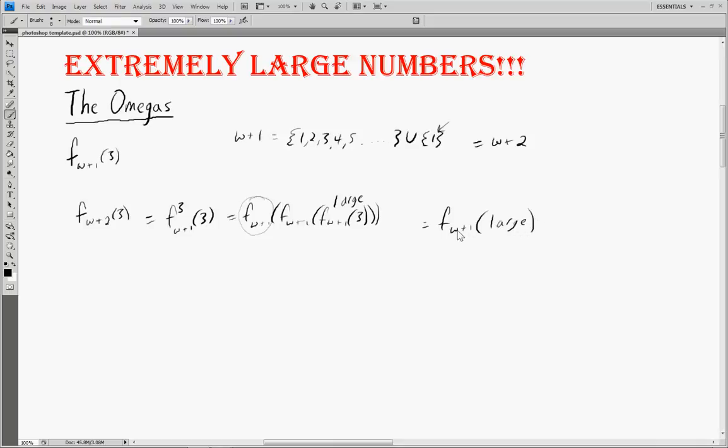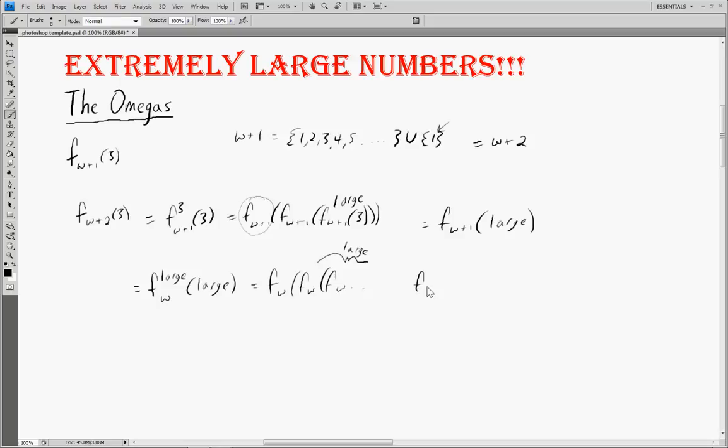We have a successor here, so what we do is we recurse this function, and this is going to be equivalent to this many copies of the f omega function, where the number is whatever this large number is. If we were to write that down, we'd have to go f omega of f omega of f omega, and so on, and the number of terms we have here is this large number.